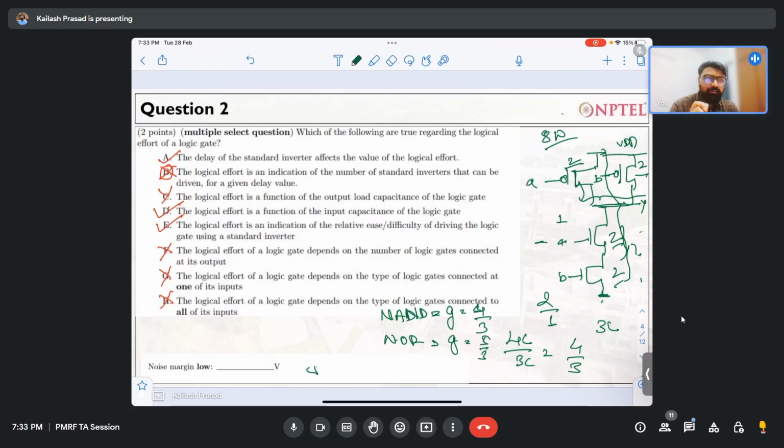But in the case of NOR gate, I had 4 plus 4 plus 1 plus 1, so area wise it was 10W. So you get benefit area wise and delay wise, both. In that regard, NAND gates become preferable as compared to NOR gate.